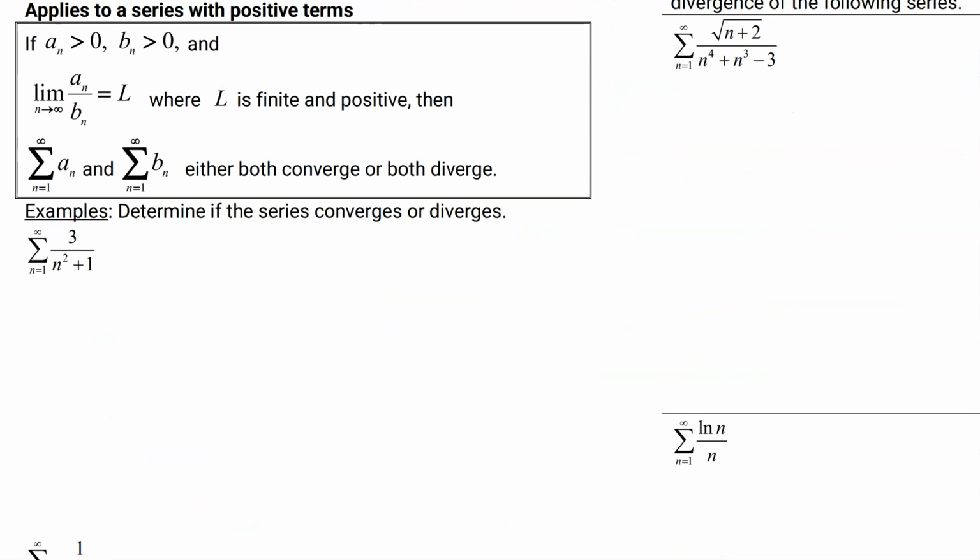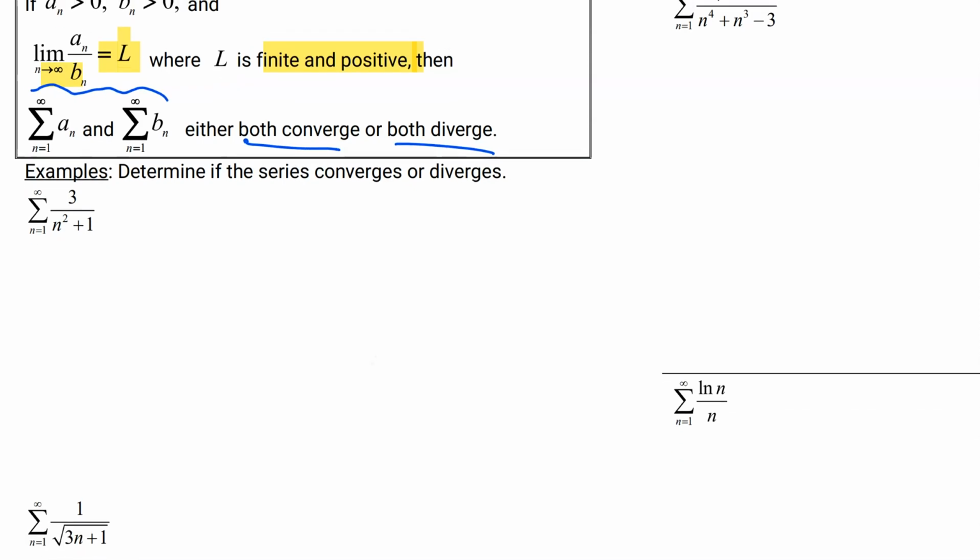And what the limit comparison test says is that if that limit is a positive number and finite, in other words, finite means it's a number, right? It's not infinity. Then, just like the integral test, these things go together. They'll either both converge or they will both diverge.